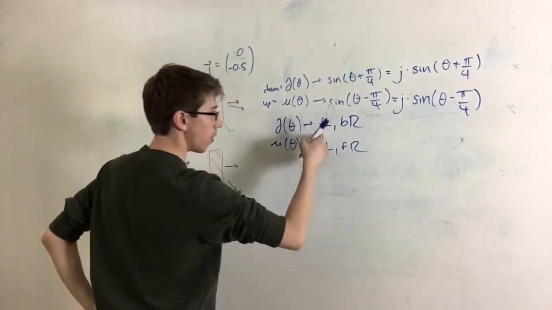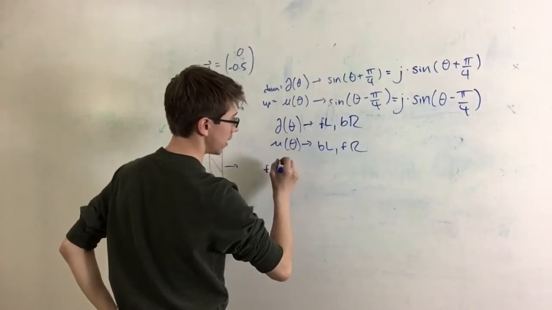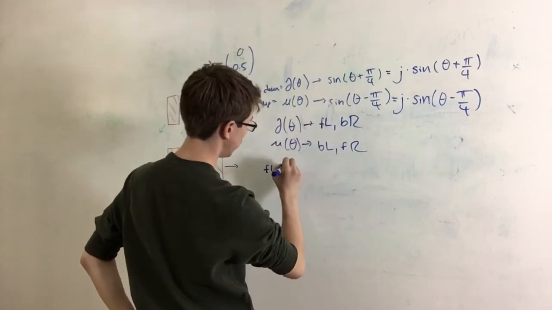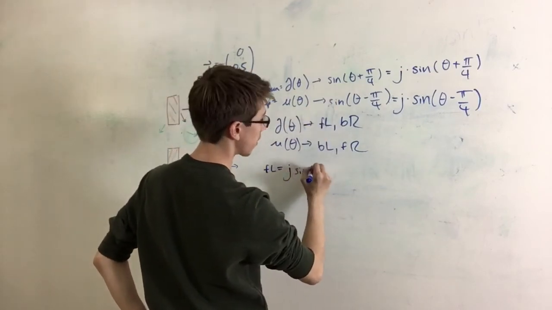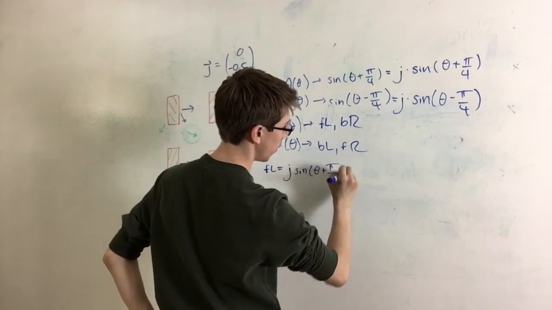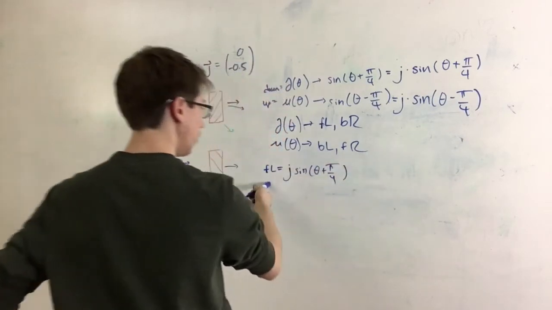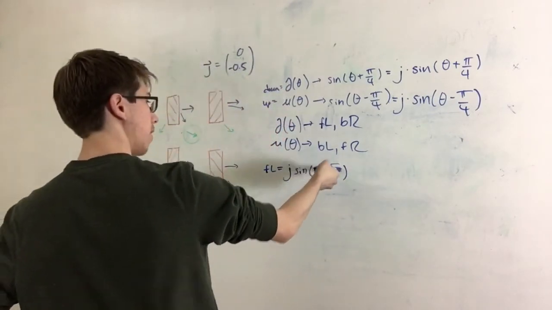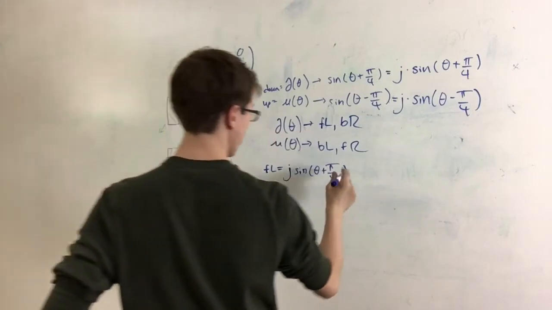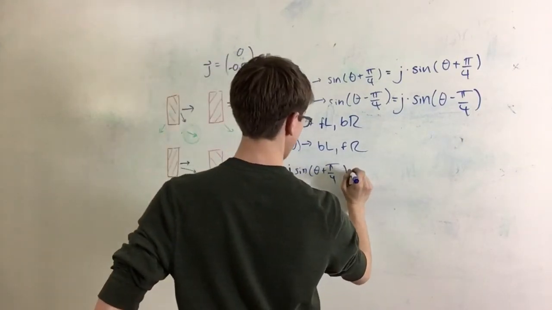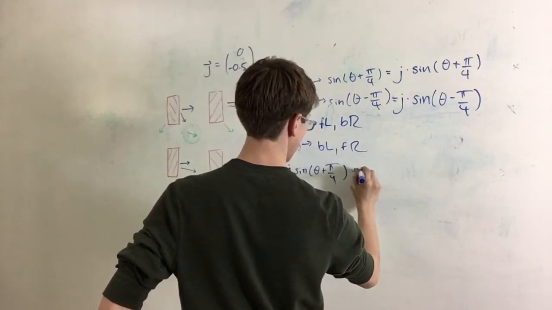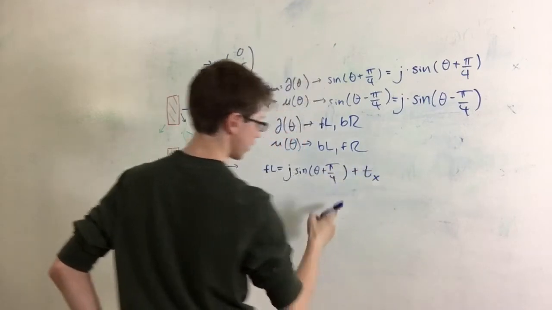So for all the left motors, we get that this is j sine of theta plus pi over 4. FL is equal to j sine theta plus pi over 4, and then this is going to be plus tx.